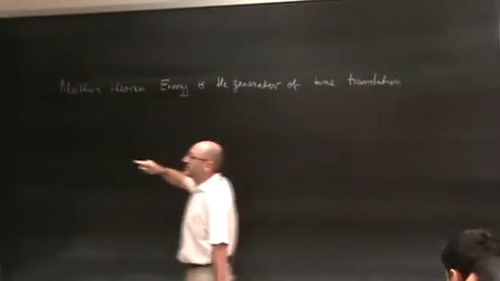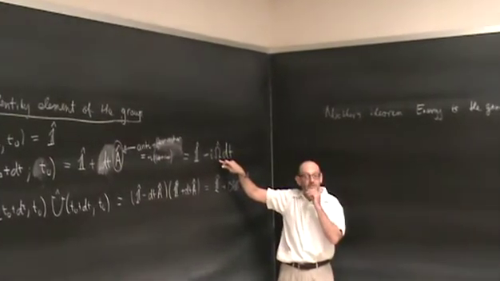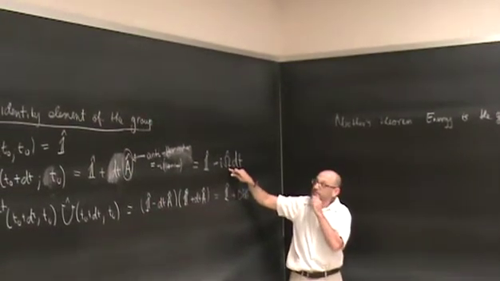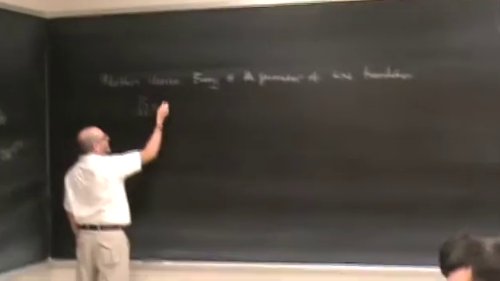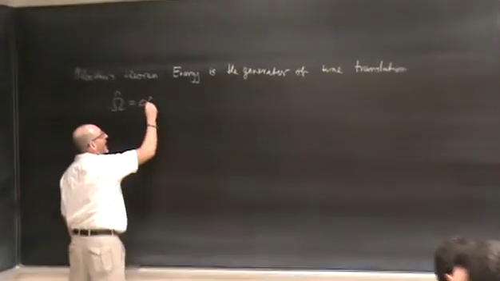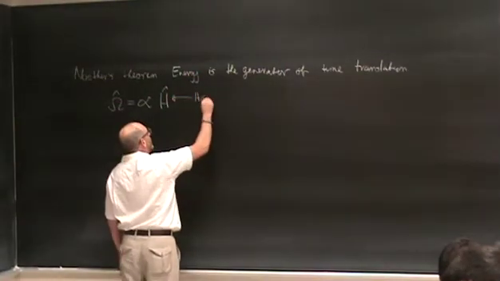So that means the Hermitian generator must be proportional to energy. So it's some proportionality constant times the energy operator. And the energy operator we always call the Hamiltonian.